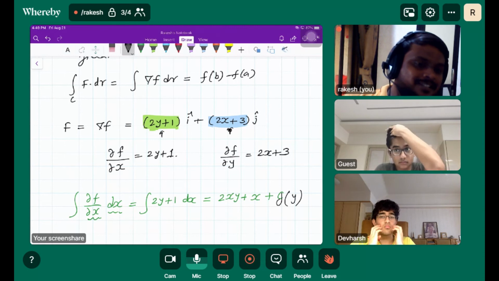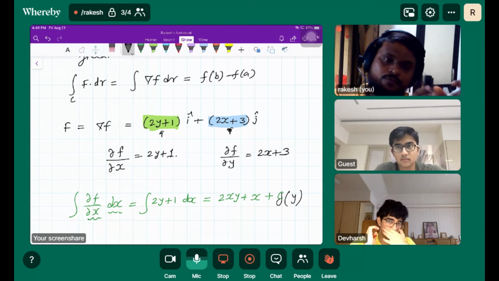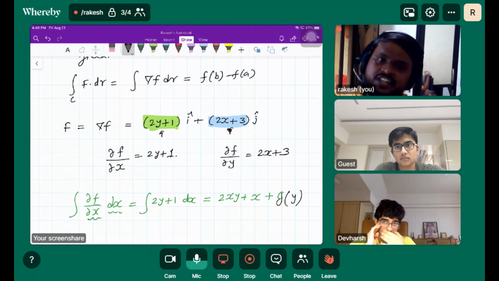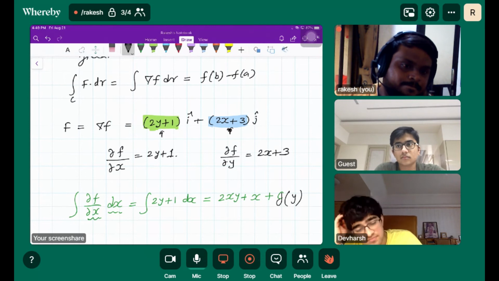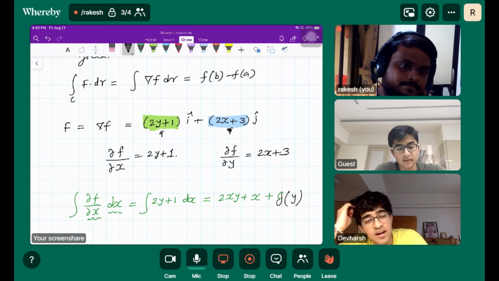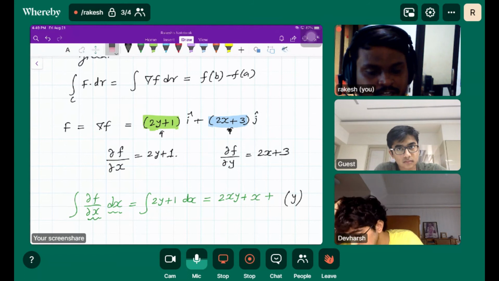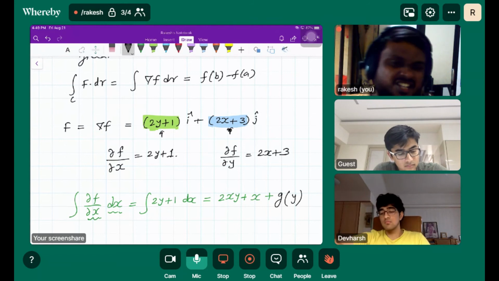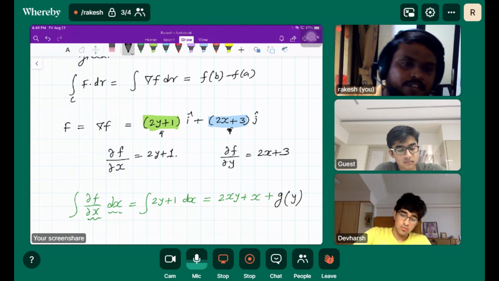So can I write g of y instead of c? Whatever y-containing terms are there in the given function are treated as constant while finding the partial derivative with respect to x, right? So instead of just writing c, I will write g of y, some other function in terms of y.